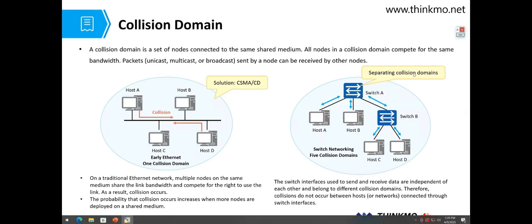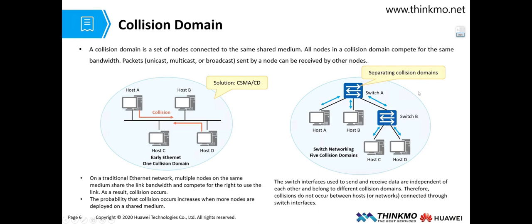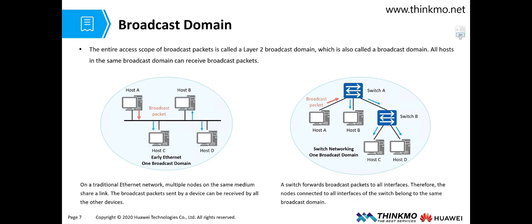Besides the collision domain, we also mentioned earlier that our switch has a downside, which is that it cannot handle the broadcast domain. It cannot provide good isolation for it, because in this context, when the switch receives our broadcast, it will flood the broadcast packet throughout its entire access range, which we can refer to as the Layer 2 broadcast domain. It can also simply be called the broadcast domain. This is the propagation range of our broadcast packet, and within the same broadcast domain, all computers can receive this broadcast data packet.